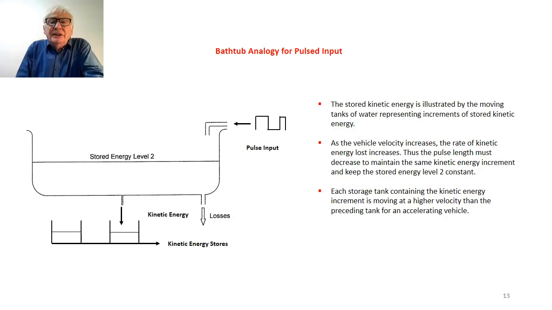This is illustrated by a series of small tanks underneath the drain hole from the bathtub, which represents the kinetic energy transfer from the bathtub, which is the thruster, to the vehicle itself. So as the vehicle velocity increases, the rate of kinetic energy loss also increases. In other words, if you like, the hole in the bottom of the tank gets bigger, and the water flow increases.